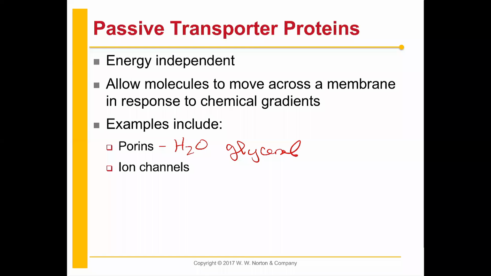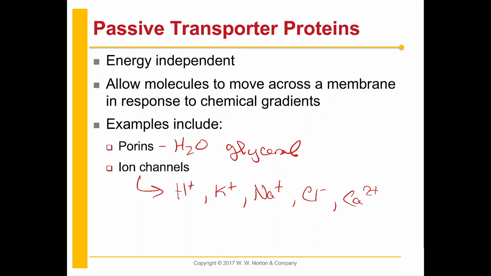Now, ion channels. Ion channels are a little bit different. Ion channels are responsible for diffusion of charged ions, right? So hydrogen, potassium, sodium, all these are so important in cell signaling. Calcium, right? All of that stuff across the membrane.